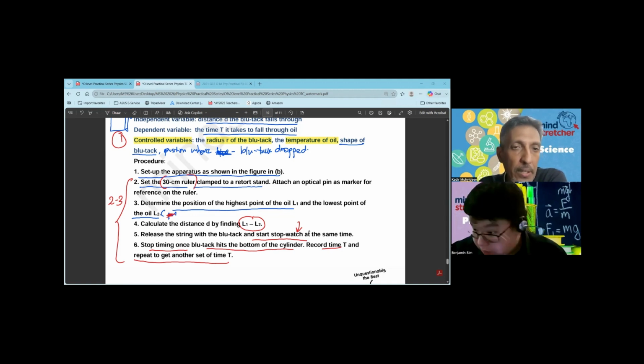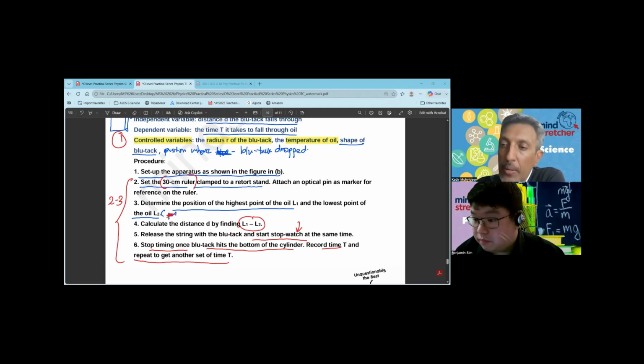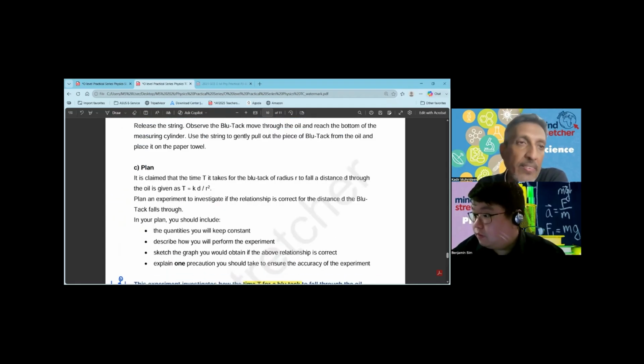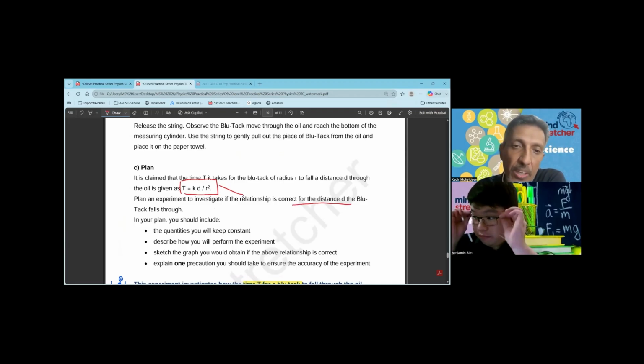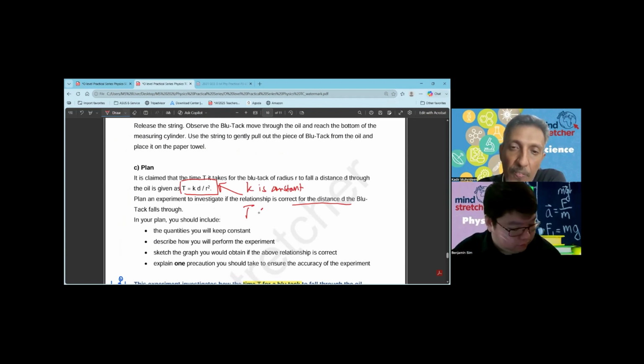Can we add in other constant variables like the temperature of the oil or type of oil? Yeah, you're supposed to add constant variables like temperature of oil or type of oil. Chung Fong, the purpose of this experiment is that they want you to check whether this relationship is valid, and they already said correct for the distance D. So if K is constant, the factors that affect it are D and R, right?